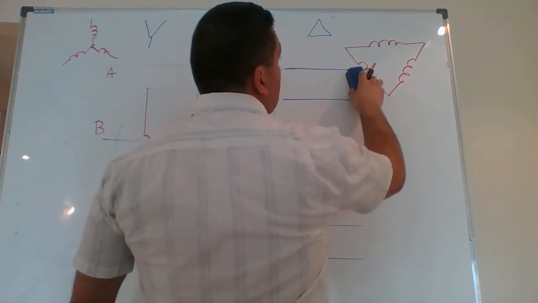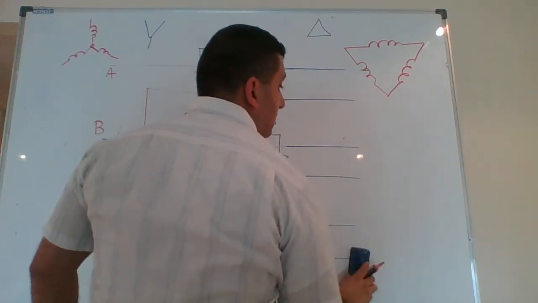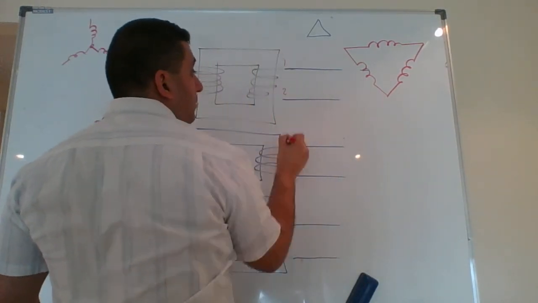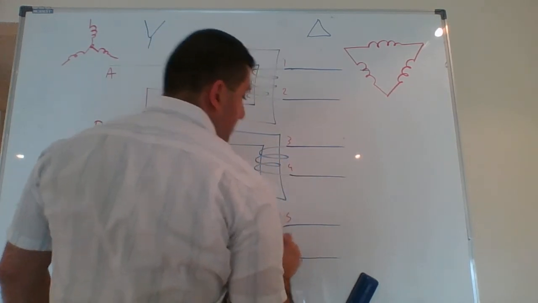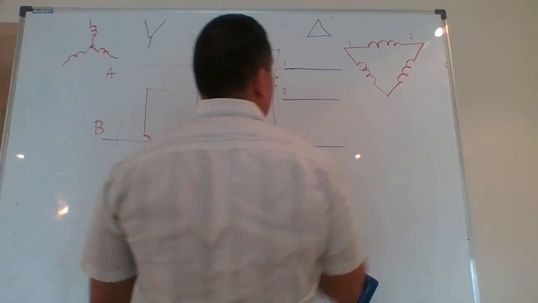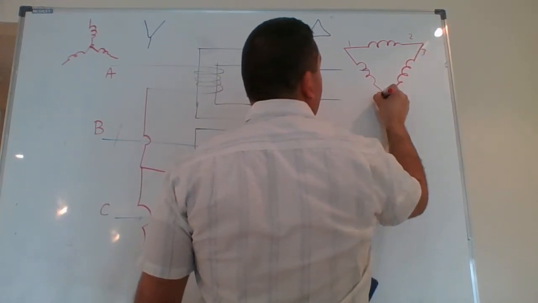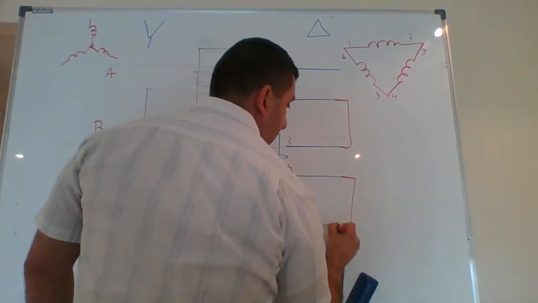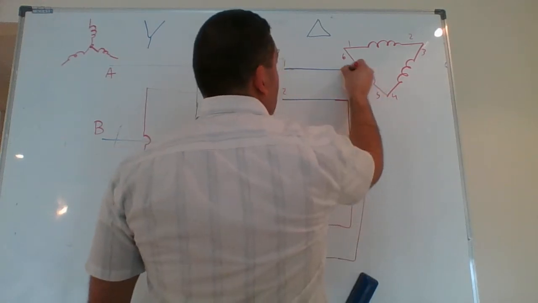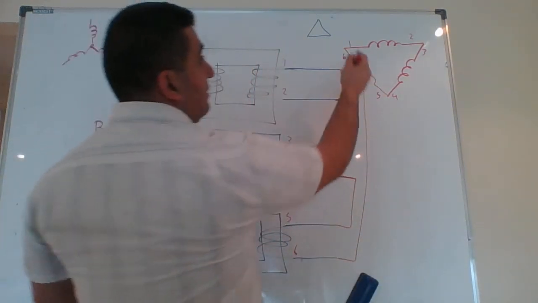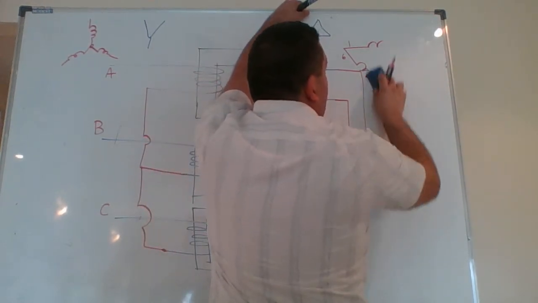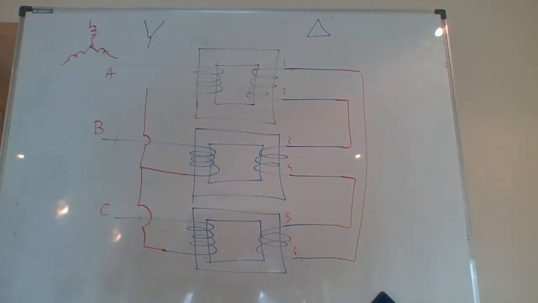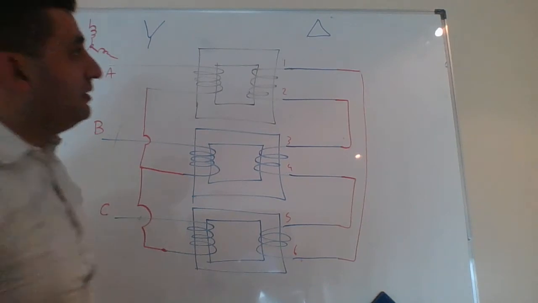This is my delta. If I call these 1, 2, 3, 4, 5, and 6, each phase has two terminals: 1, 2, 3, 4, 5, and 6. So what I do is I connect 2 to 3, 4 to 5, and then 6 will be connected to 1. See? 1 to 6, and this now provides my connection as a delta.